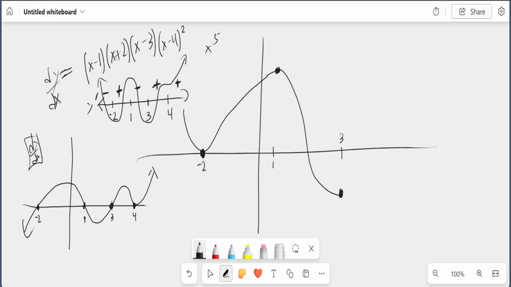So it's a horizontal line, then it goes up, and then it hits 4, right? I probably should have drawn 4 a little bit farther. So let's say 4 is over here.